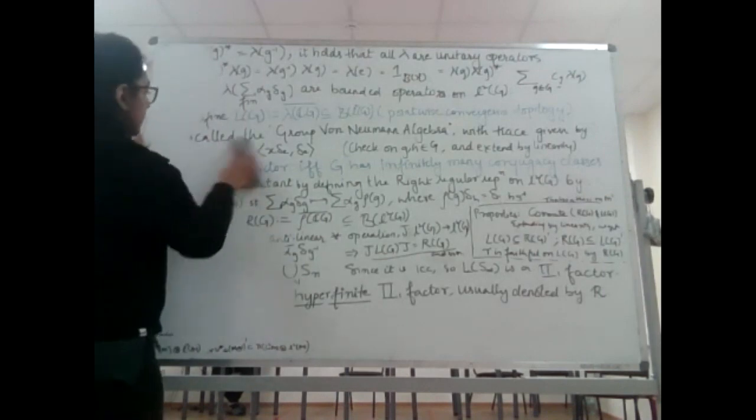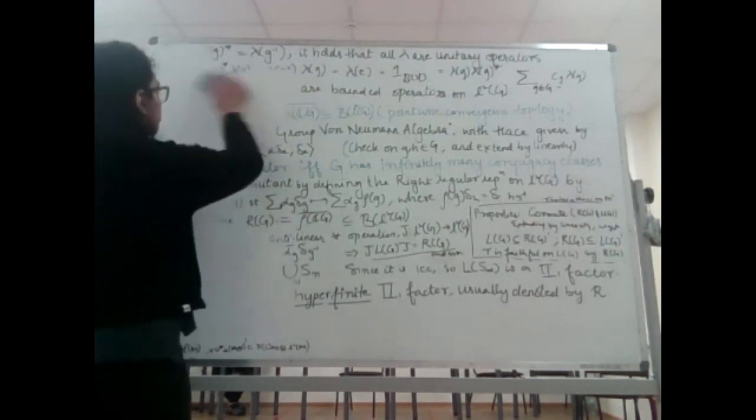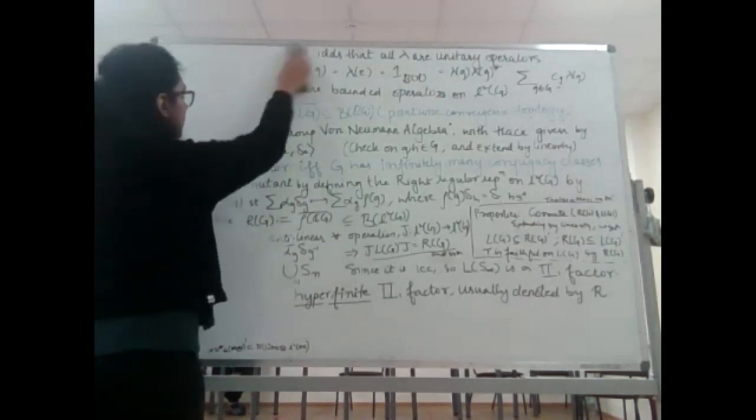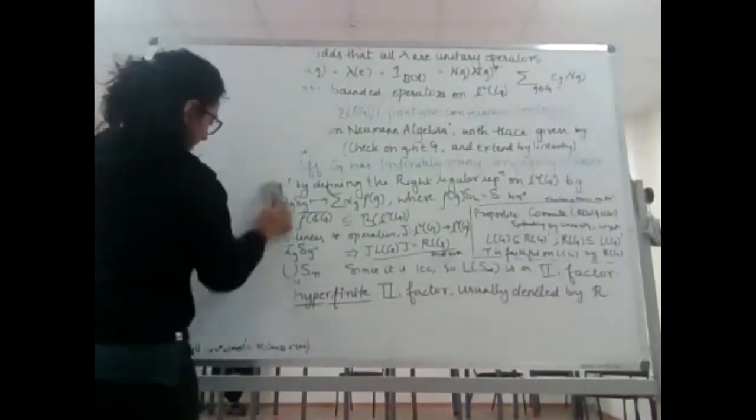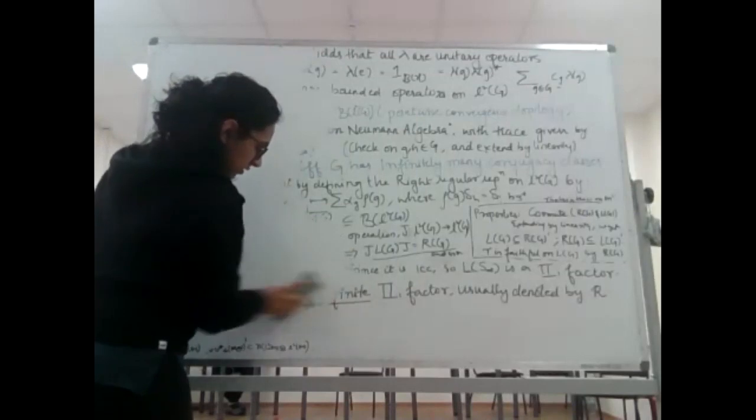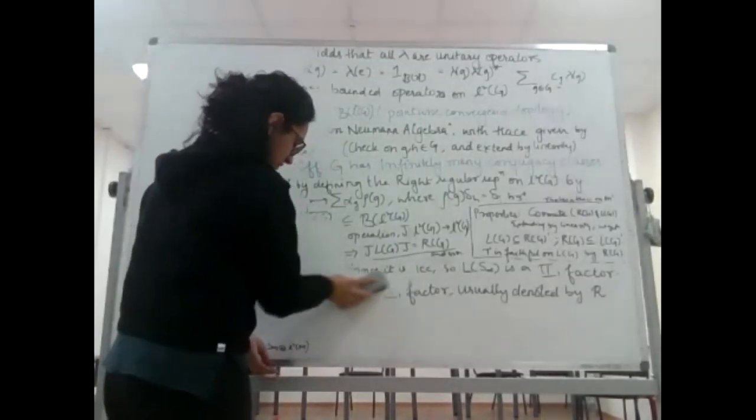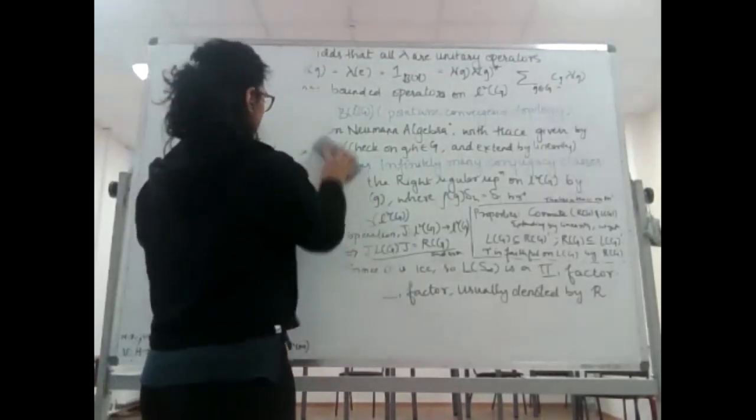To see the relative sizes of a factor M and its commutant in the space that they lie in, we will define something called the Jones index. To reach there, we first define the dimension of one factor with respect to the other.